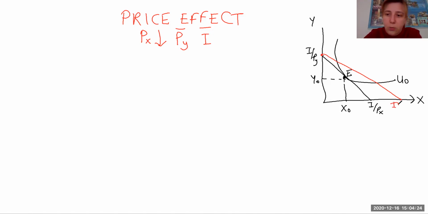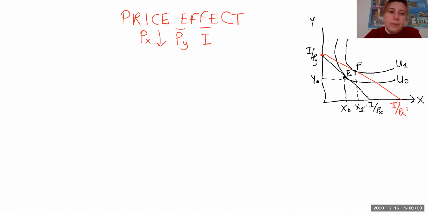It is now not I over Px but I over Px prime, and this new price Px prime is lower than the initial price Px, and then the consumer will increase the level of satisfaction, of course, we expect. So it will go to a higher indifference curve, U1, and the point F is the new choice of the consumer. It's X1.